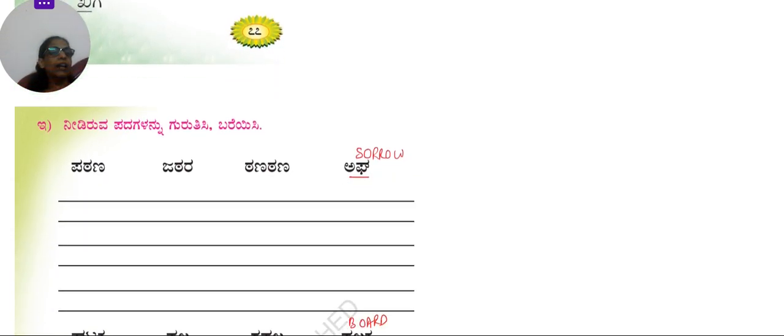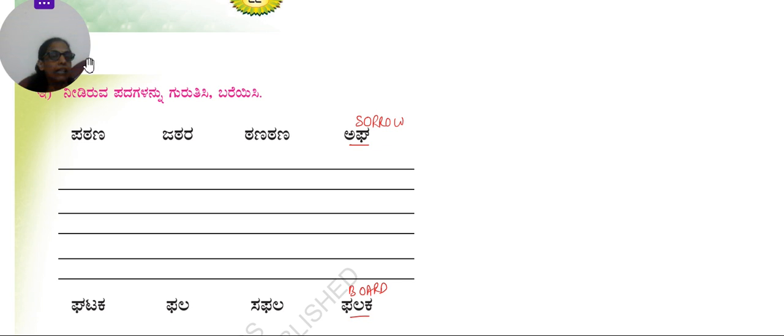And now we again have to just write. These are writing practice of the words. We have already seen the meanings of these words. These two are new, for which I will tell you the meaning as we come to that word. Pathana, jathara, thana thana. This is agha. Agha means sorrow.